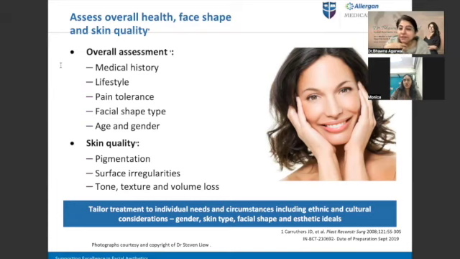Then you might have lifestyle concerns: drinking, smoking, sleeping habits, stress levels. All these impact the face. At the age of 30 or 35, if you haven't slept well, it's seen on your face. It's very obvious on the face. If you don't eat well, it is seen on your face.